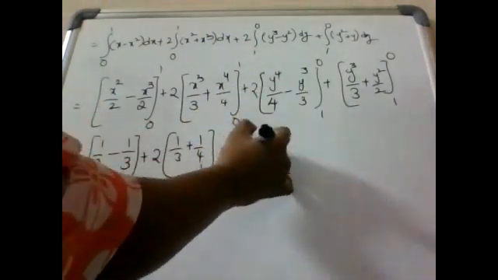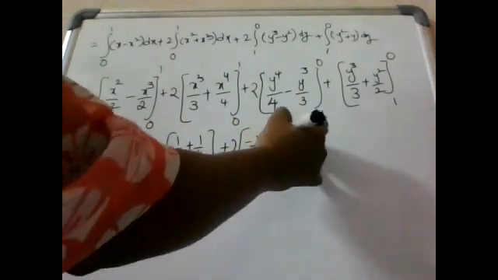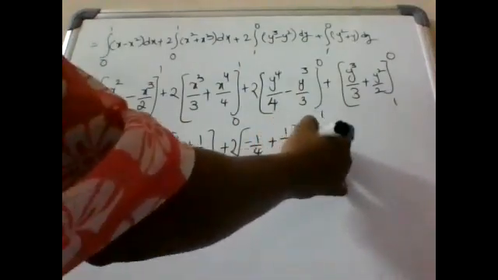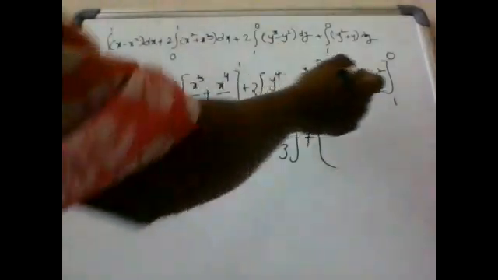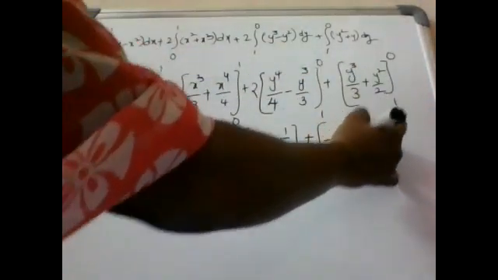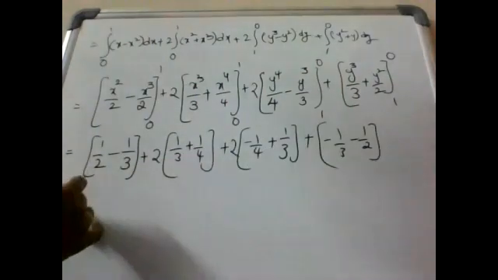Minus lower limit means minus 1 by 4 minus into minus plus 1 by 3 plus. So when we have substituted upper limit we get 0 values, after minus lower limit minus 1 by 3 minus 1 by 2.